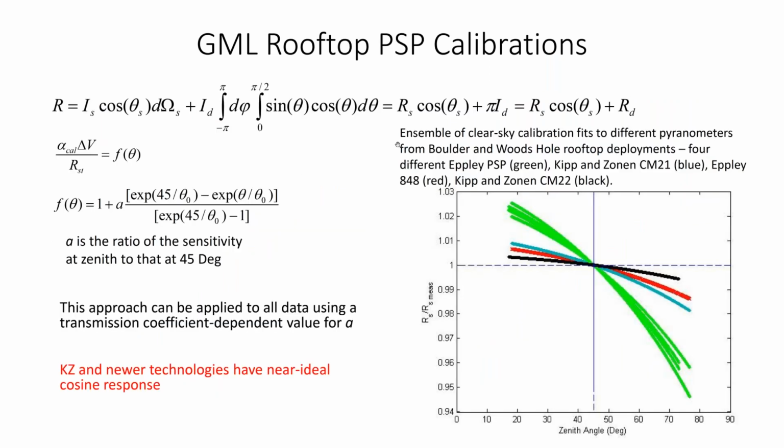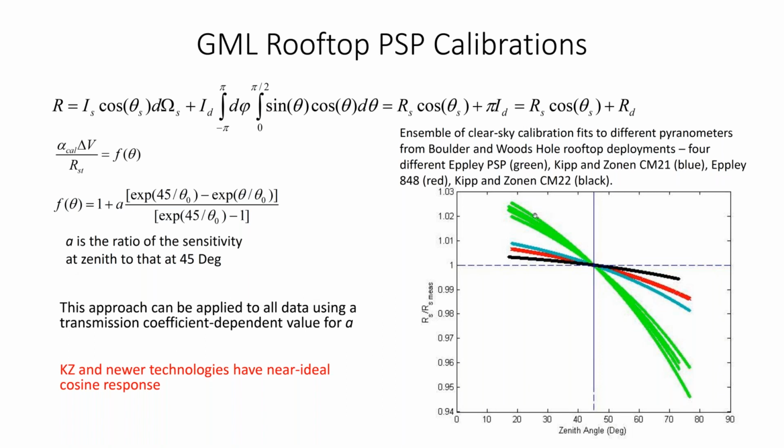So a factor with the solar calibrations is that you have a cosine effect and a non-cosine behavior. If you break the solar radiation into a direct beam and the diffuse, then you can look at the non-cosine behavior.